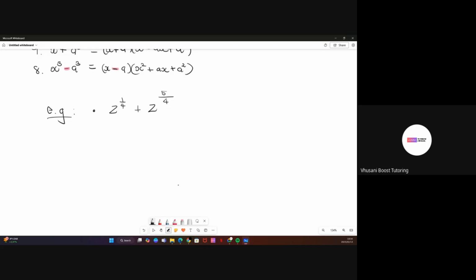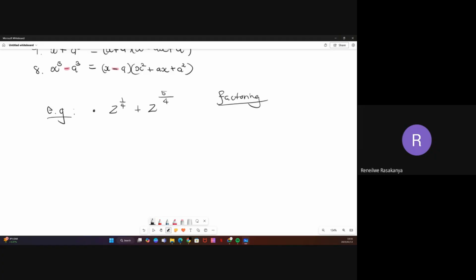So they just want us to factor. So this is factoring. Anyone who thinks they can give it an attempt? Okay, Renelo, you may attempt it.